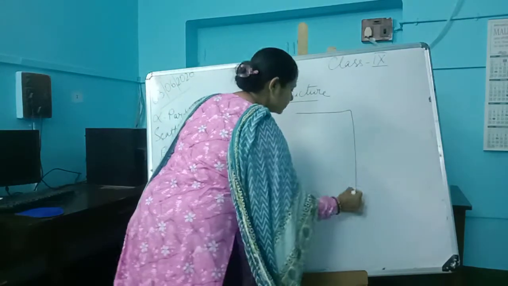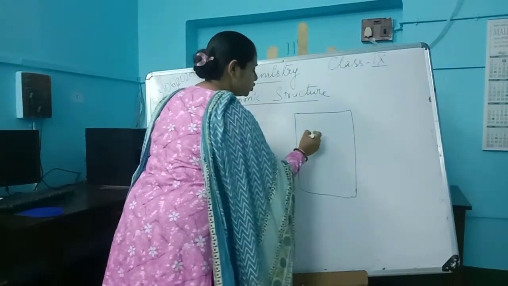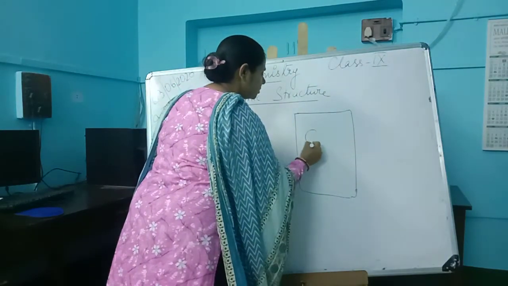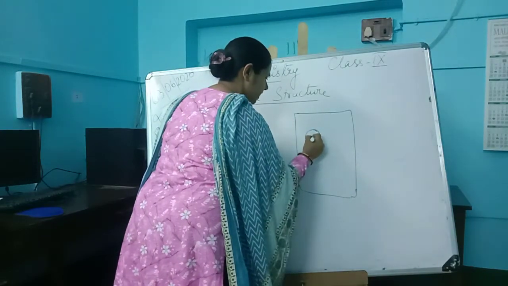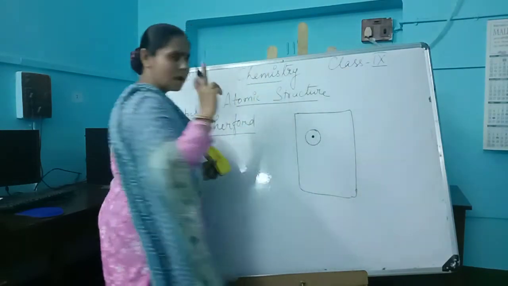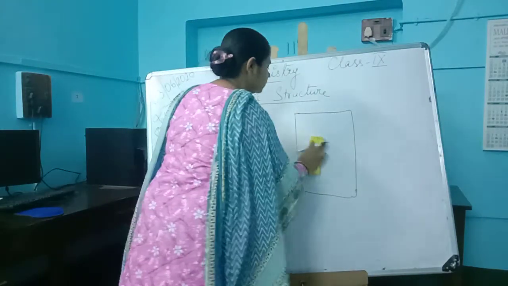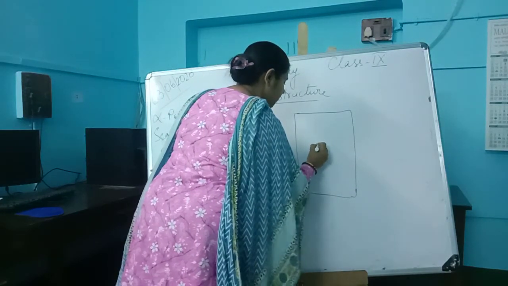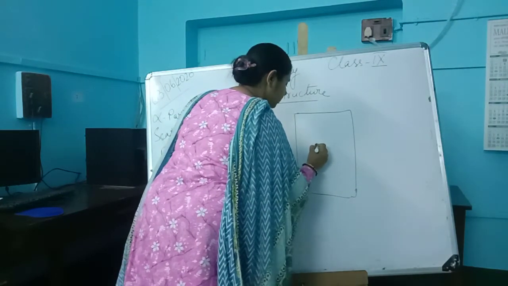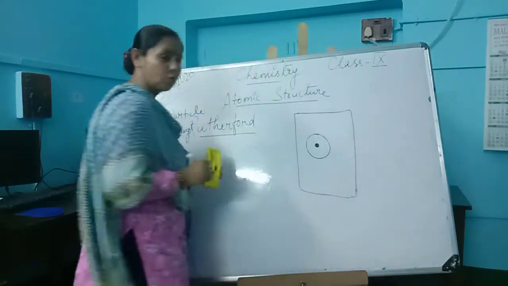Consider this as a sheet of gold. This sheet has the atoms of gold. Take for example, this is one atom of gold. Many more atoms are there, but we have considered only a single atom. This is, suppose, the nucleus, and this is the atom of the gold.